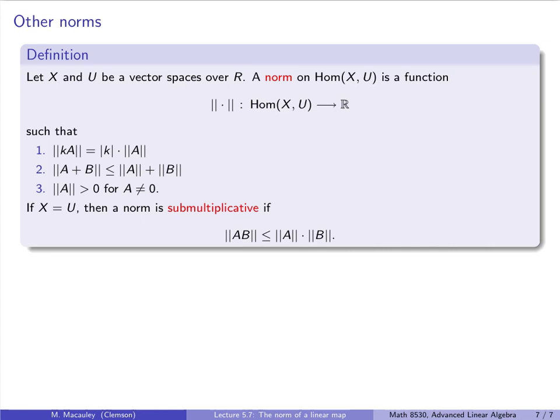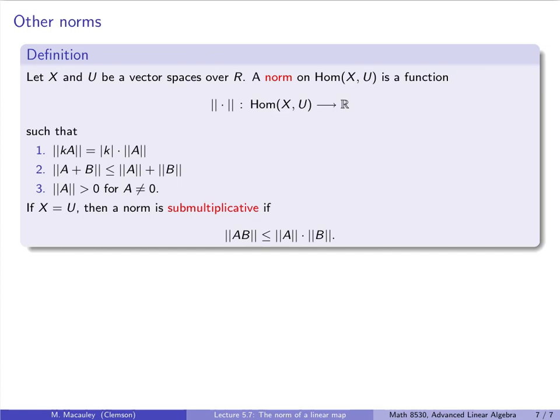And then there's a condition that is not required, but some norms have, and you can prove more properties about them if they do have this. First of all, this requires X to be equal to U. In this case, we say that a norm is submultiplicative if the norm of AB is less than or equal to the norm of A times the norm of B. This is a lot more interesting when you get into infinite dimensional vector spaces, things like Banach spaces and Hilbert spaces.